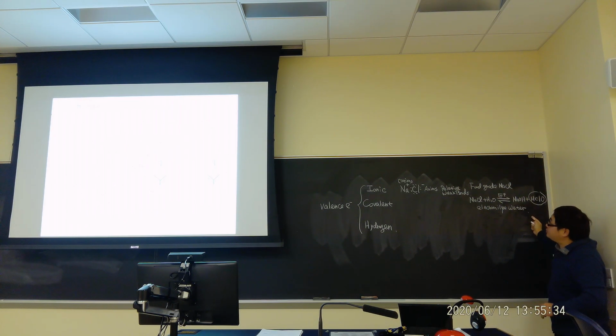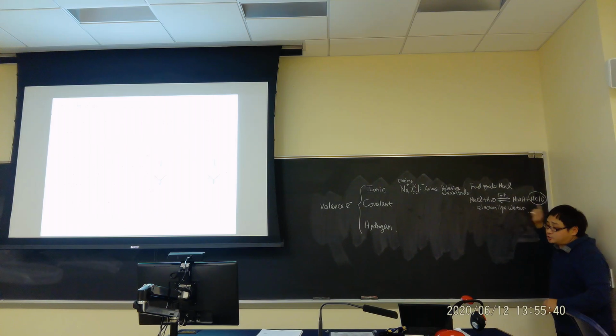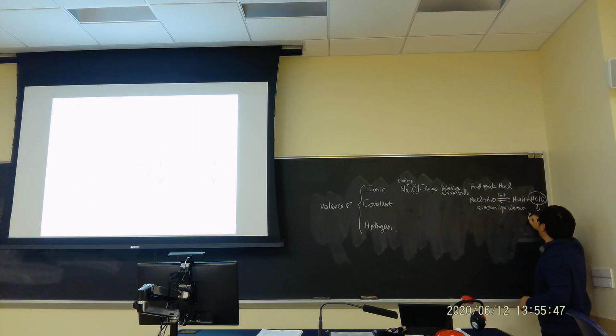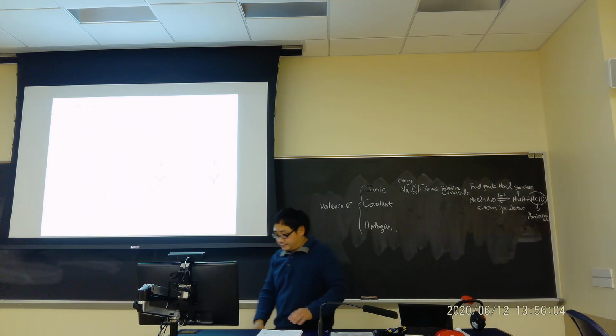But this example tells you this is a relatively weak bond, because sodium chloride can be separated by electricity or electrical equipment. And we call this an antimicrobial, like a sanitizer. Okay? So that gives you an example.